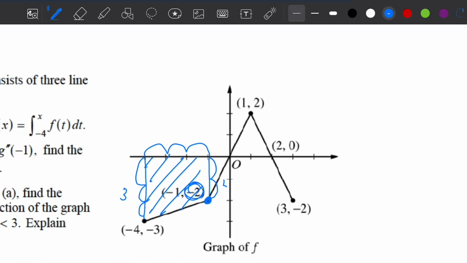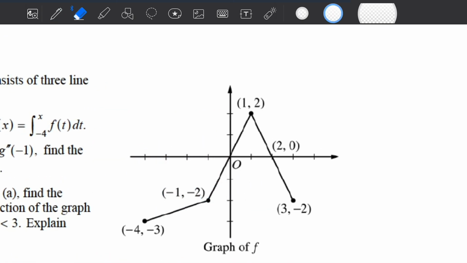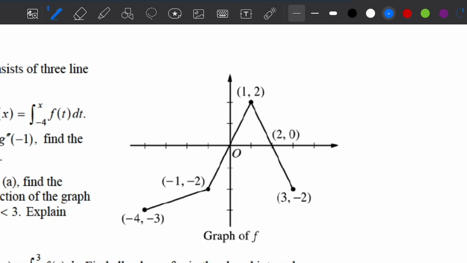If we look at the graph, we can see that f is increasing from negative x to 1. I'll make the increasing parts blue.